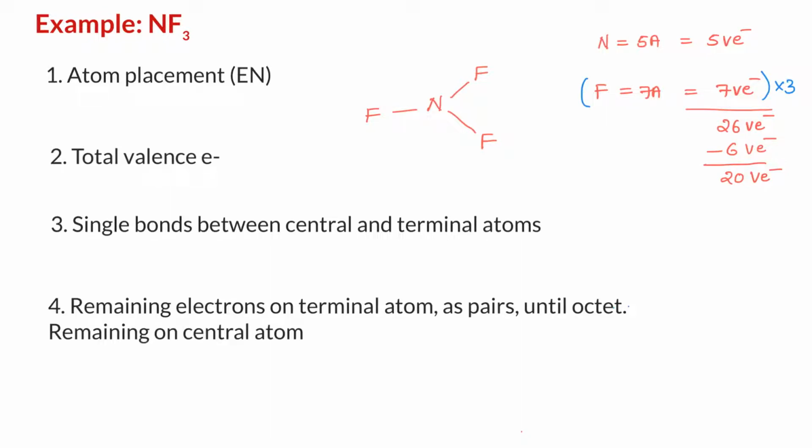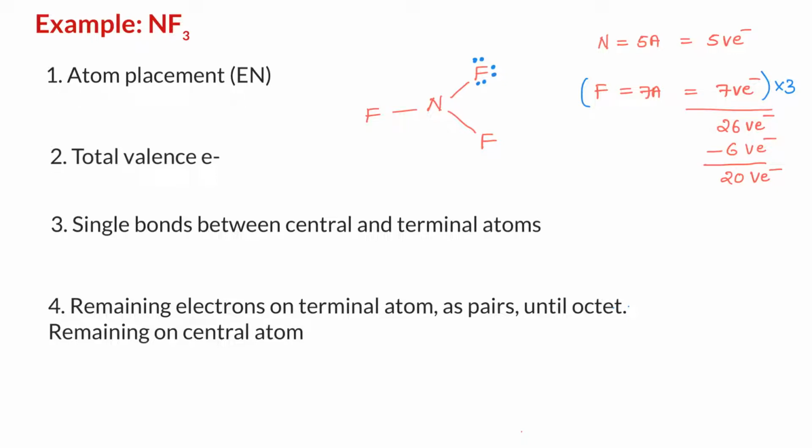According to the fourth guideline, I'm going to use these remaining electrons and place them on terminal atoms as pairs until each of the terminal atoms becomes an octet. I'm going to start with one of the fluorines, place the electrons in pairs until that fluorine has become an octet.